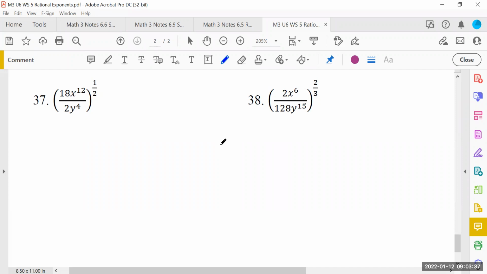There's 64. Okay. Right here. Why did you get that? 15 divided by 3 is 5. 5 times 6 is 10. And then the 64 gets its own power.